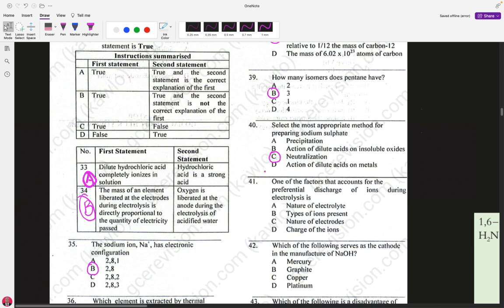Electrodes that will not be reactive. That's why you see the graphite electrode is always very important in that. So the nature of electrode is what is given preferential treatment during the discharge. So C is the right answer.